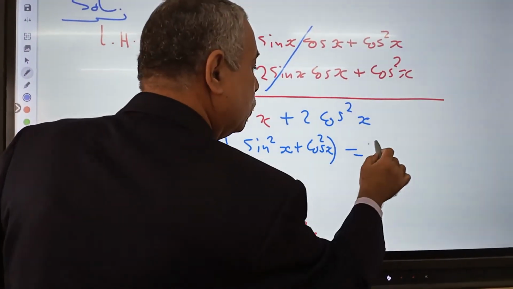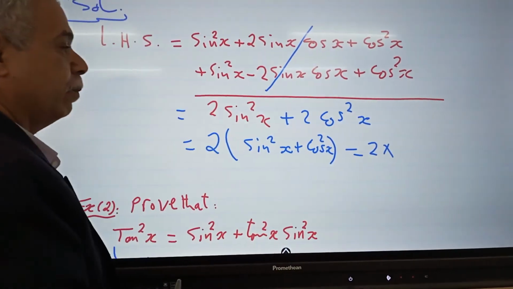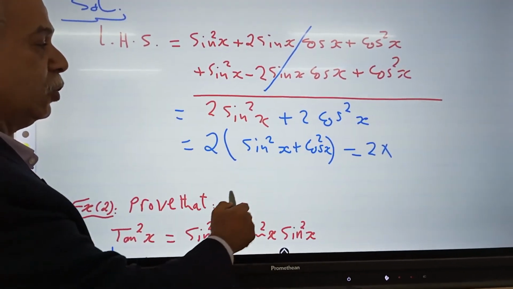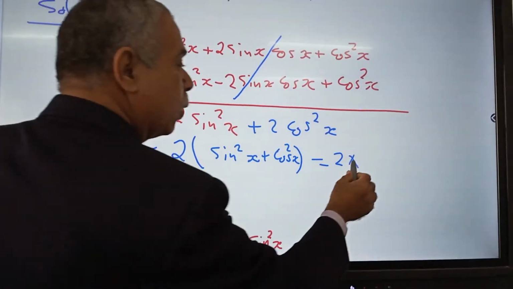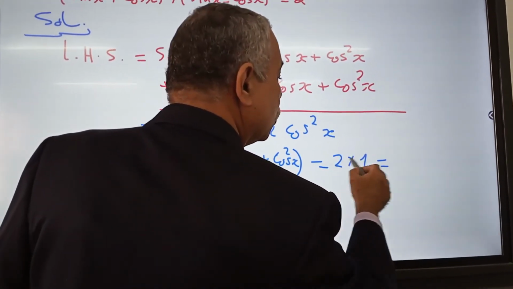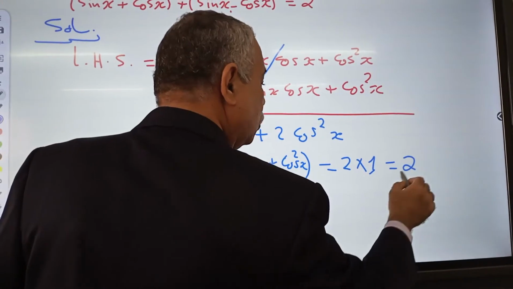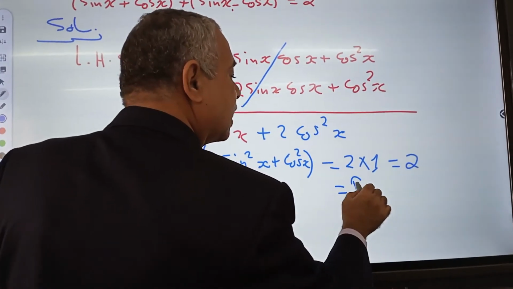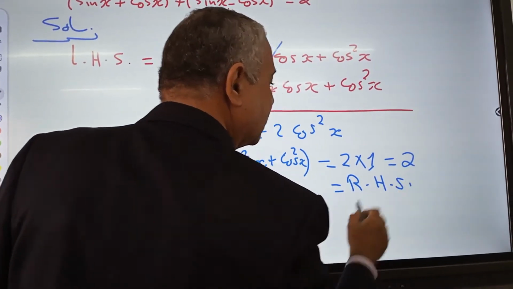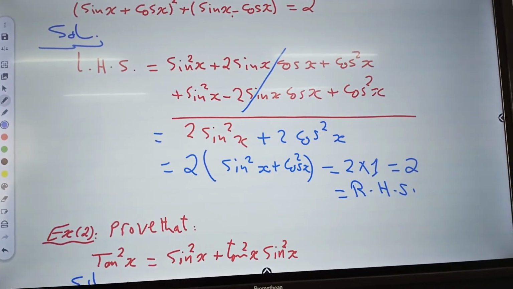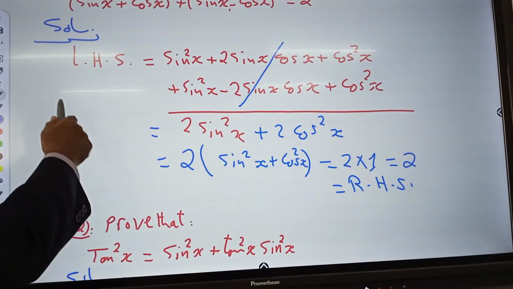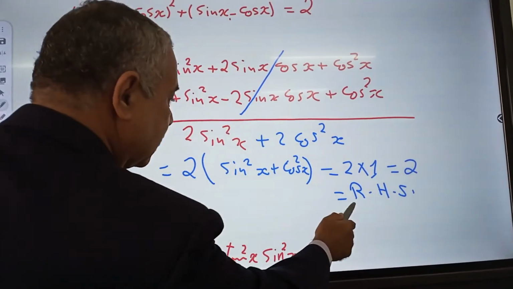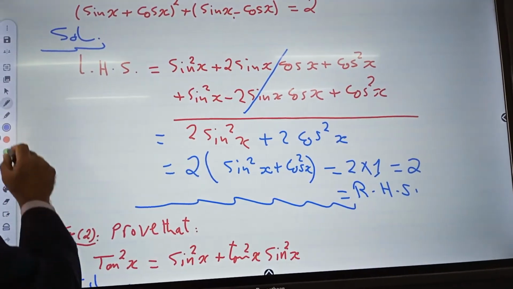Equals 2 multiplied by, all of us know the rule sin²x plus cos²x equals 1. Now 2 times 1 equals 2, which equals the right hand side. Now we have proved the left hand side equals the right hand side.